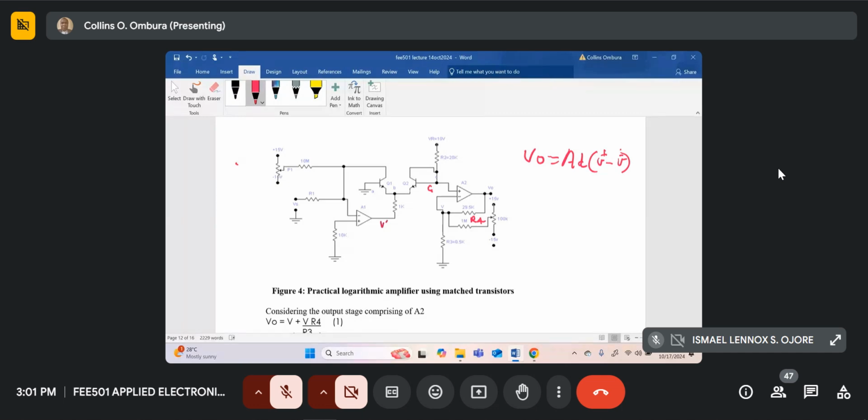I don't know what symbol you were taught in your year. The maximum output voltage of a typical op-amp may be 15 volts, and the gain is typically 80 dB, so let's say 200,000.